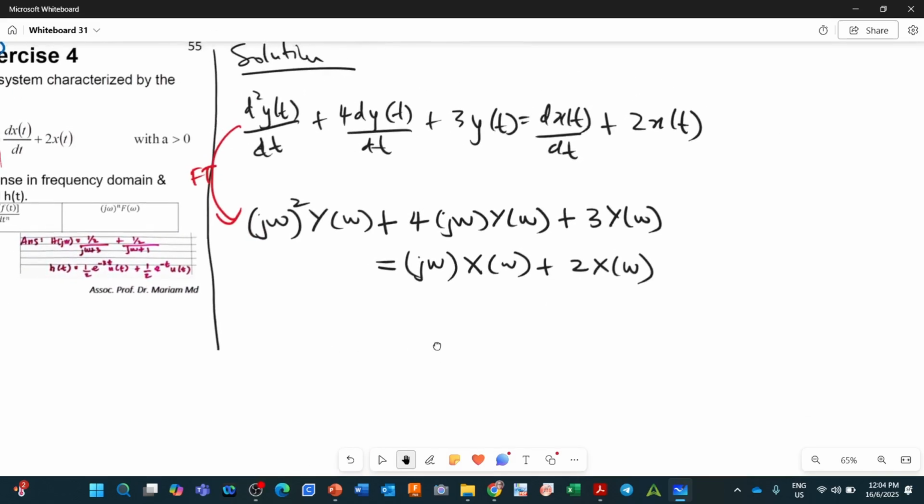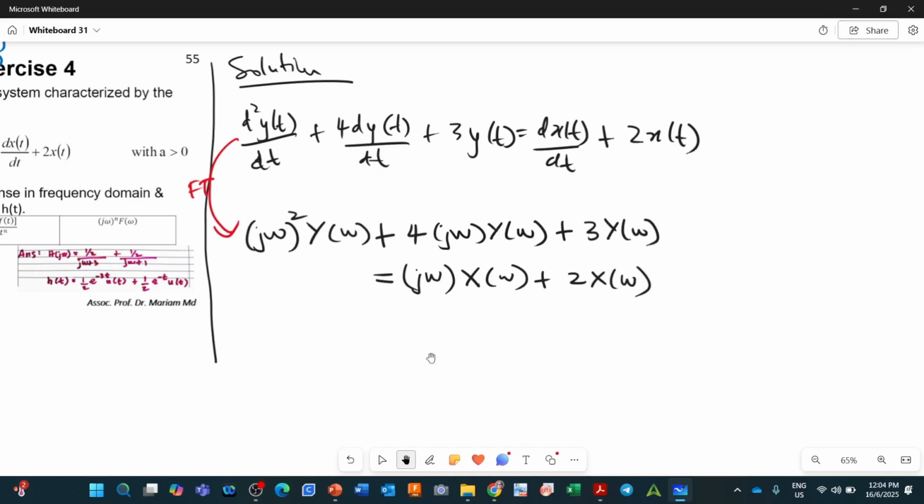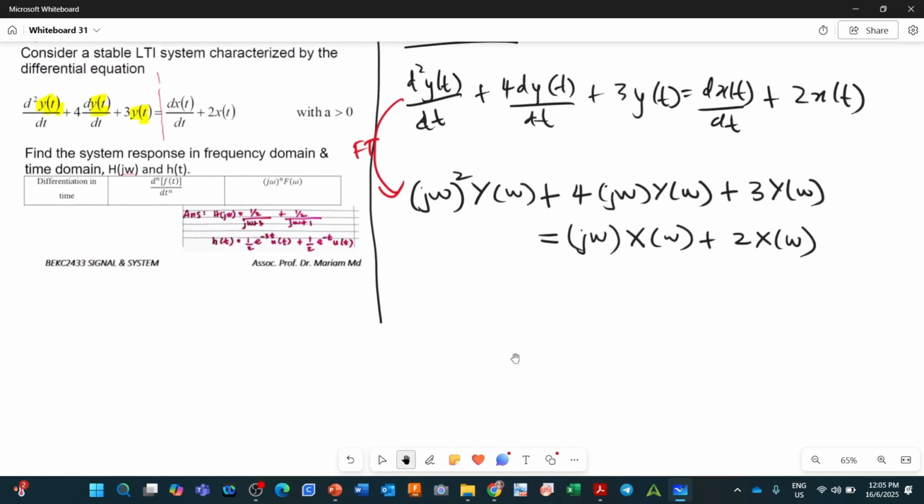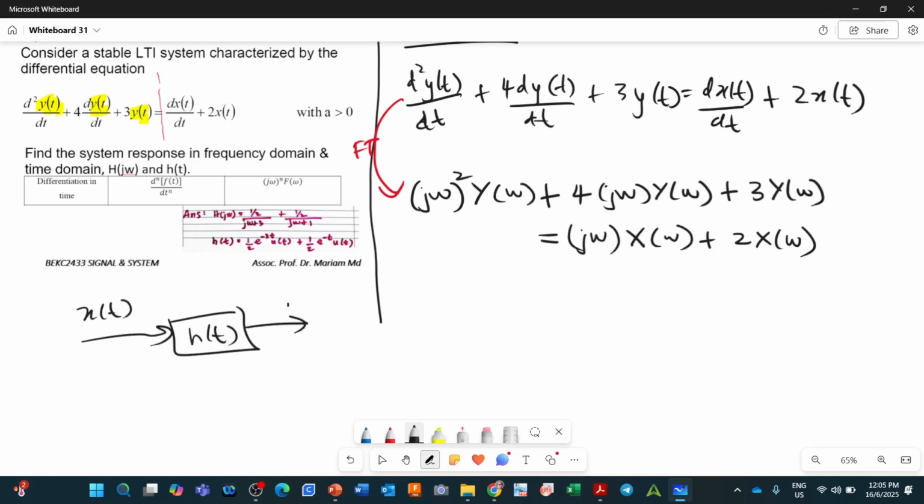Now what you are going to do is factorize, take out Y omega and X omega. Why? Reason is that the question asks you to find H omega. So like I said, just draw out first. The question asks you to find h(t). You have x(t), y(t).